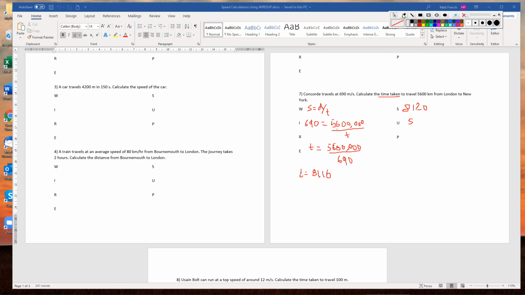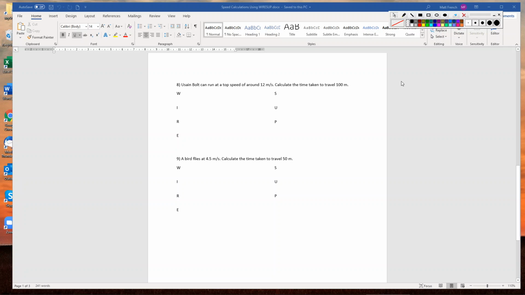So a little bit longer, but obviously this isn't accounting for the fact that Concorde has to speed up and slow down and navigate around other aircraft. So I'm happy that's a plausible calculation. We've done that. Okay, so if you want to check anything on there, you may need to pause this because I have to clear it to scroll down.